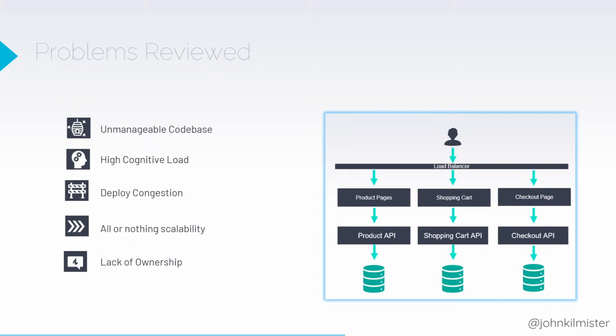We shouldn't have the deploy congestion either, because we can deploy each of these components independently as and when needed. We can also scale them individually. And finally, we don't have the lack of ownership because we can give each of those components to individual teams. That's the theory. Now what we're going to do is have a look at how we can implement this inside Azure.